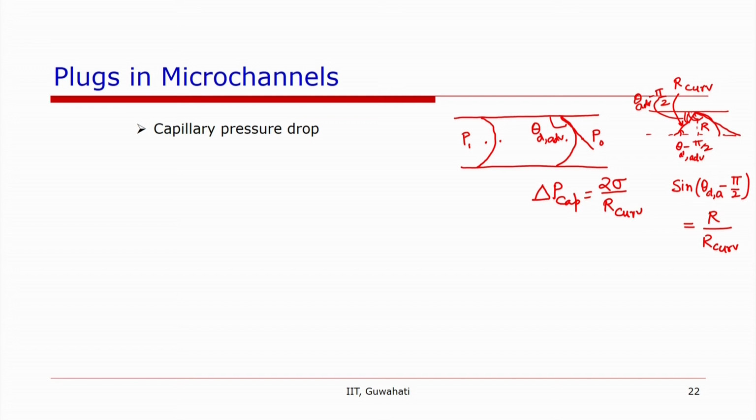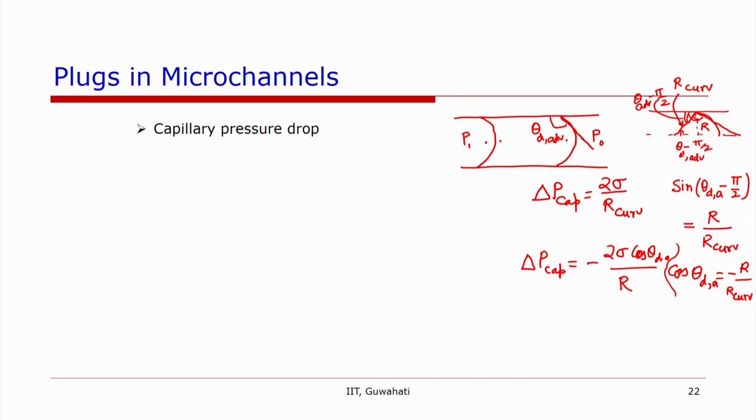So that will give us minus, so we will have this as cos theta d advancing is equal to minus r by r curvature. So we can substitute that from here, that delta p cap is equal to minus 2 sigma cos theta d advancing divided by r.